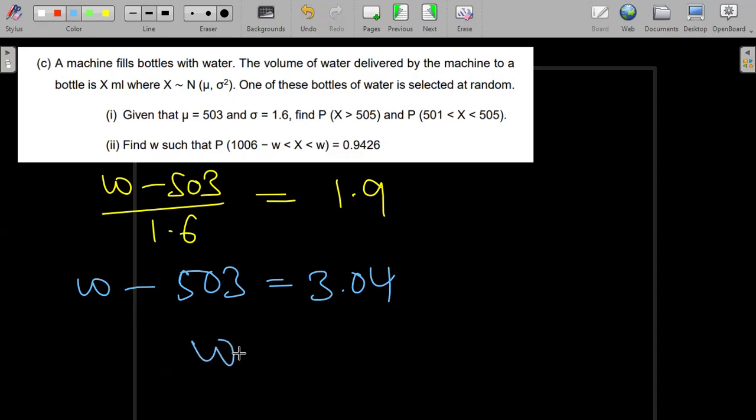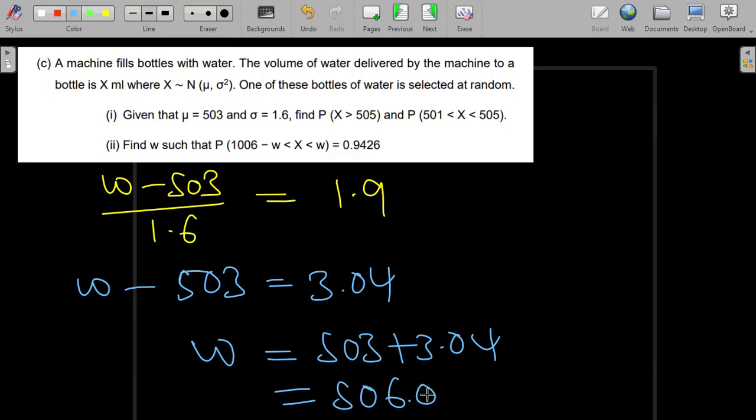And then W is equal to 503 plus 3.04. So let's add this now. If I add this, I'm getting 506.04. So this is the value of W such that this is true. Right, so we are done with this question.